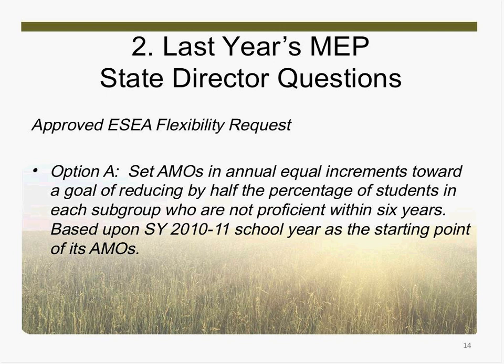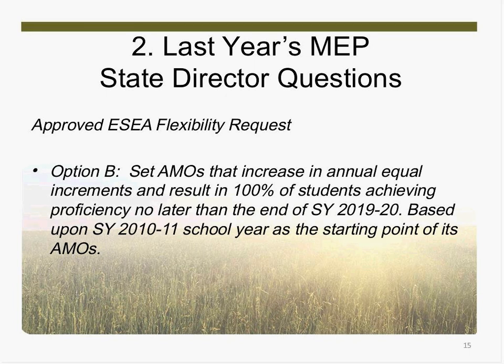So that's really straightforward for states who choose option A. Option B, I have not seen one yet, so I'm not sure. Maybe it's because the end result is 100% in 2019-20. I think I've seen maybe one, but it's either 0 or 1 that I've seen for option B.